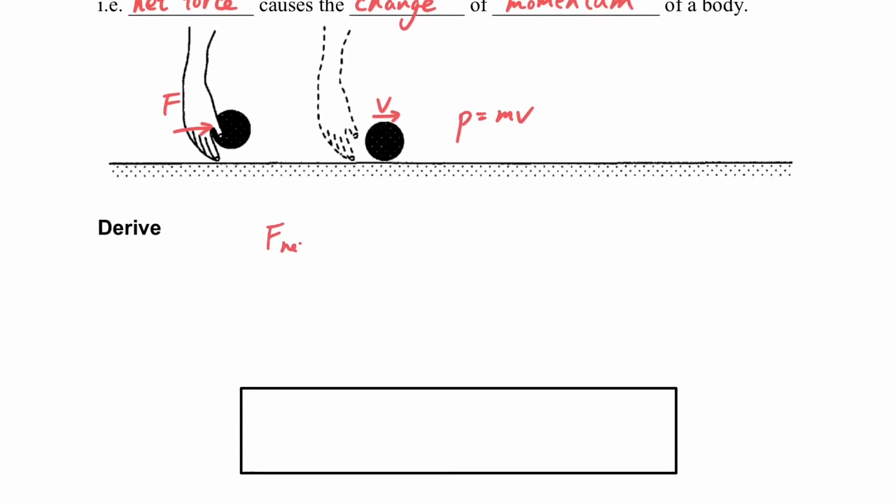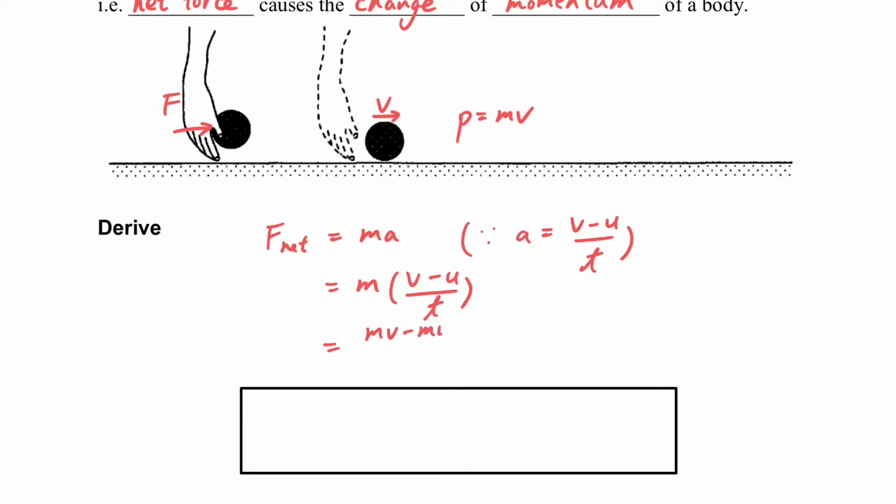So let's relate the momentum and the force together. By F net equals ma, where a is (v minus u) over t, we can substitute into it. We will find m times (v minus u) over t, which is (mv minus mu) over t.